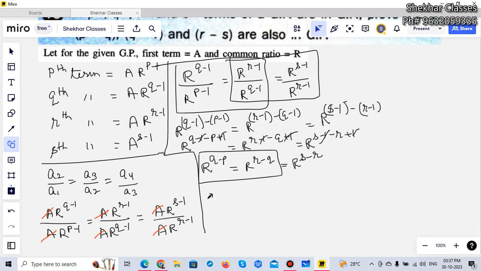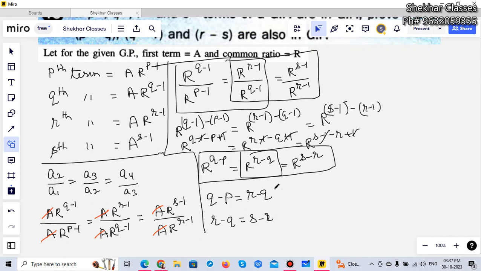So which means that q minus p is equal to r minus q here, right? Fine. And if I take these two, then it will form r minus q is equal to s minus r here.